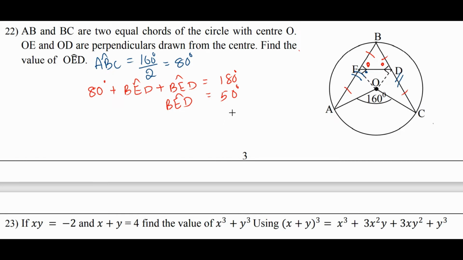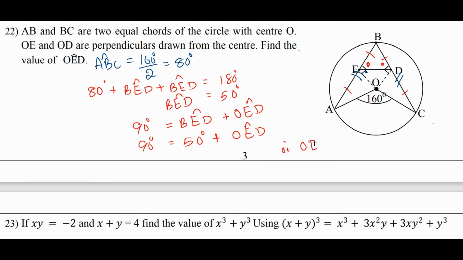Then 90 equals BED plus OED. We know the value of BED is 50, so 90 equals 50 plus OED. Then we get the value of angle OED equal to 40 degrees. That's a good question.